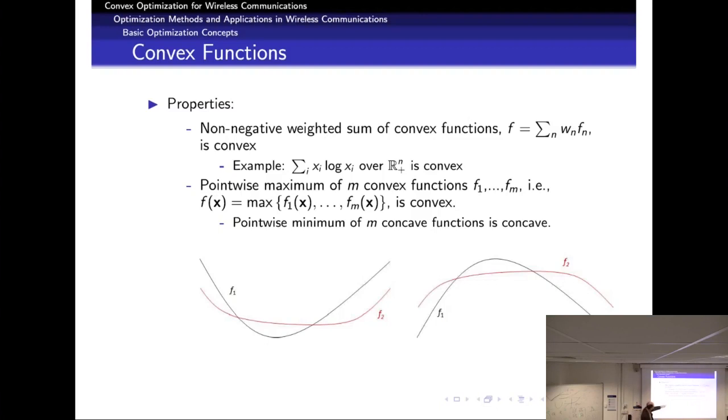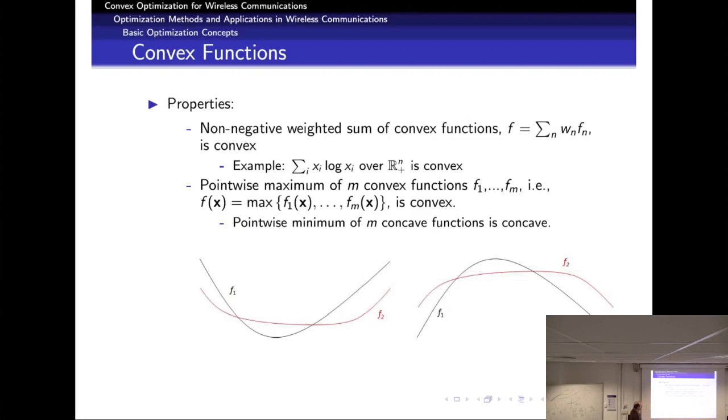You can see from the line segments always being above the functions, or from the curvature. If I do the pointwise maximum, I take any x value, and for these values of x I have f1 of x and f2 of x, and I take the maximum between those two points. So what will be the maximum? It will be essentially this, then this, then this. And this will still be convex, right?